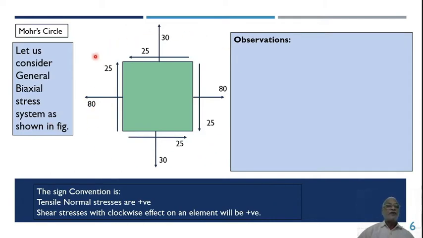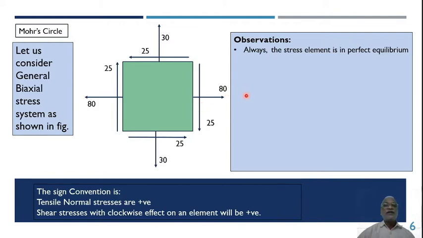If you have some numerical values, it is easy to understand. That's why I have taken a case where 80-25 is on one face and 30-25 on the other face, right? The sign convention is the same. Now, what observations can you make in the general biaxial system? The stress element is always in perfect equilibrium.